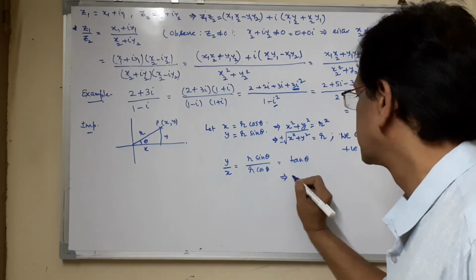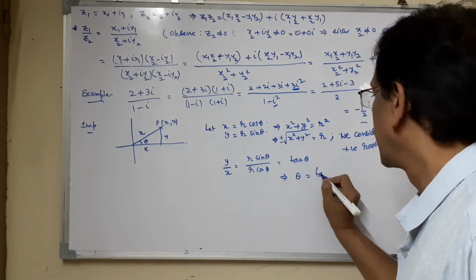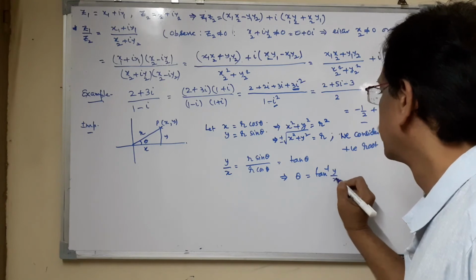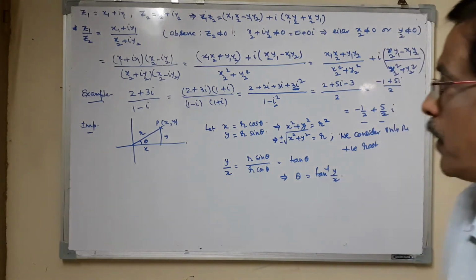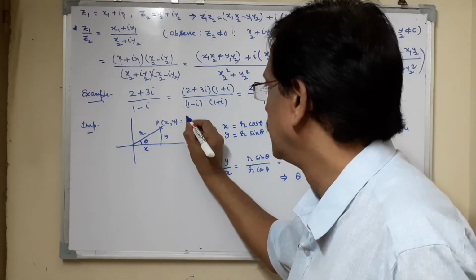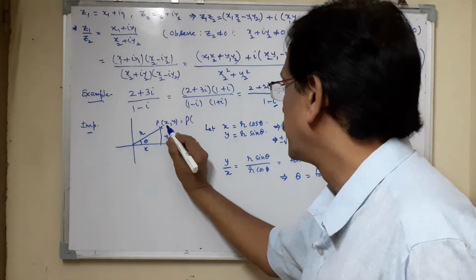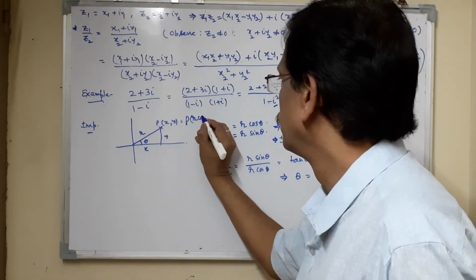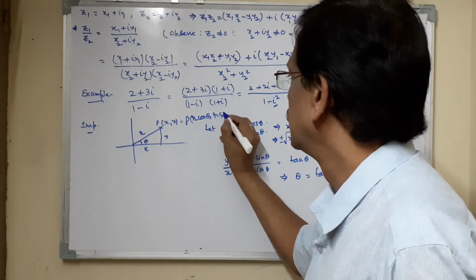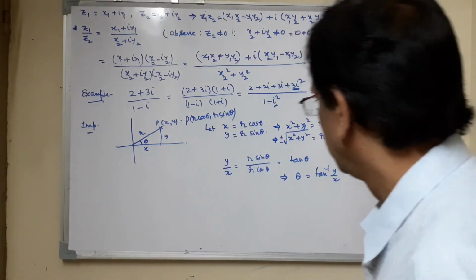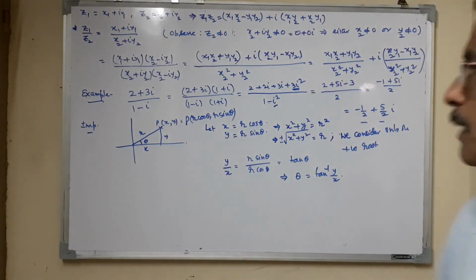So this implies theta is equal to tan inverse y by x. So any point P(x, y) on the plane can be regarded as: what is x? r cos theta. What is y? r sin theta. So this is called the polar form.